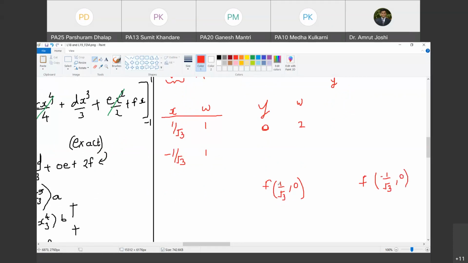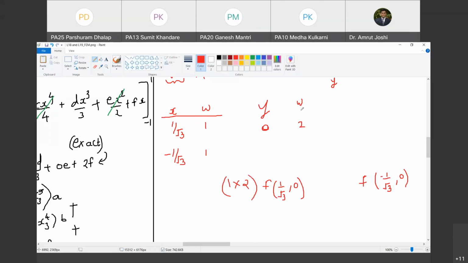Now, when I choose x equal to 1 by root 3, what is the weight? 1. When I choose y equal to 0, what is the weight? 2. So when I choose x equal to 1 by root 3, weight is 1. When I choose y equal to 0, weight is 2. Therefore, along with this term, I am going to assign a weight of 1 into 2. Are you with me? Now, when I choose x equal to minus 1 by root 3, what is the weight? 1.